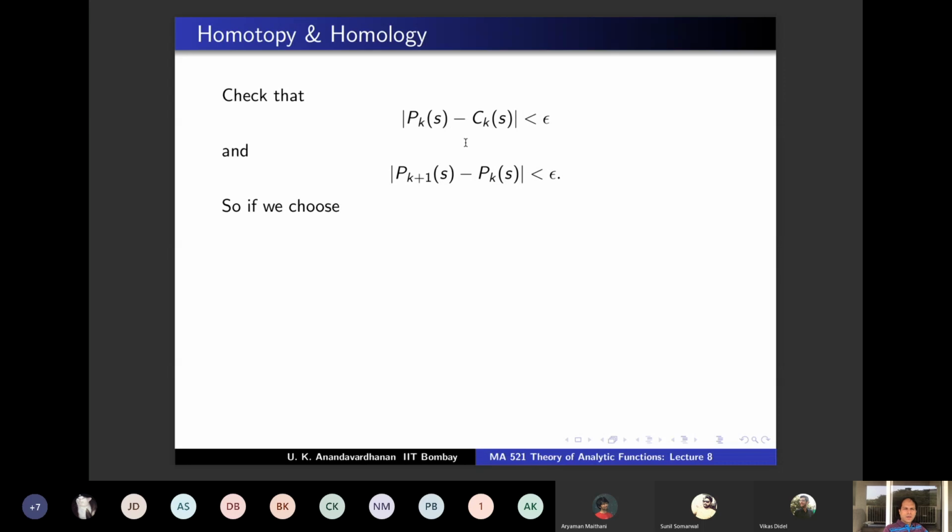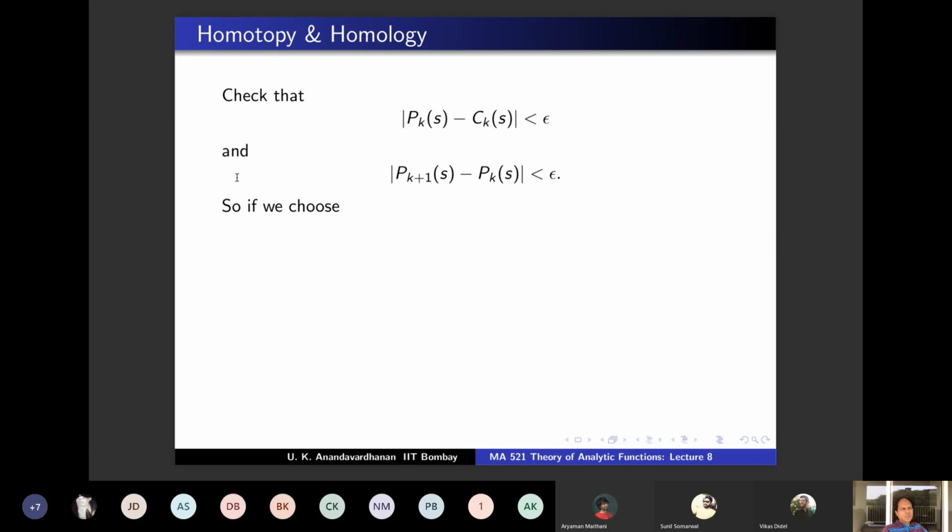Can you tell me what we should choose? I would like this distance to be strictly less than the distance from alpha to P_k. So you have to choose epsilon such that the distance from alpha to P_k is strictly bigger than epsilon. Then you can use that lemma and pass on the indices information.